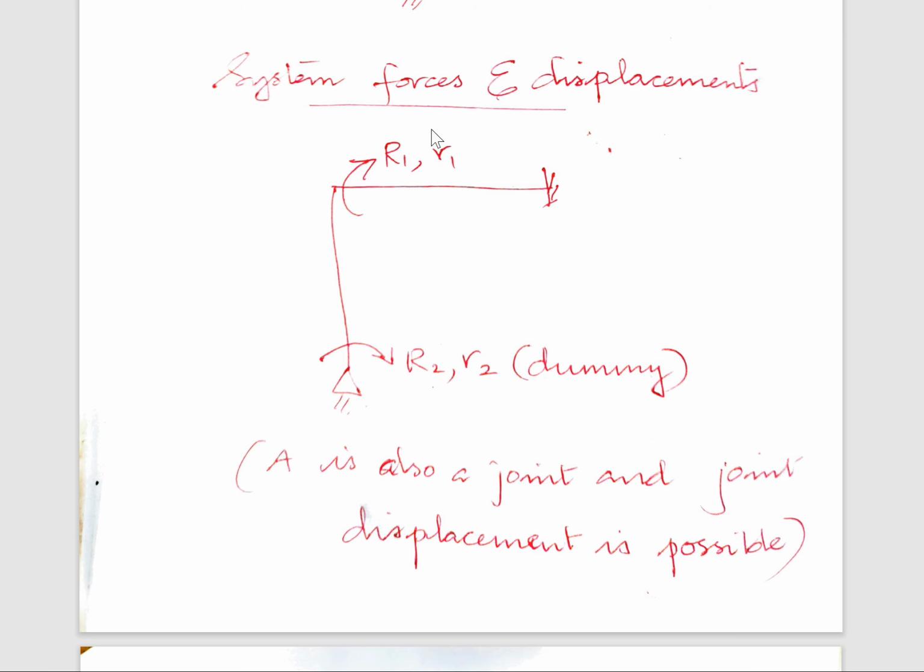And the system displacement at B is taken as small r1. As A is also a joint and a joint displacement is possible, we are applying a dummy load capital R2 at A to find out the system displacement small r2 at A.